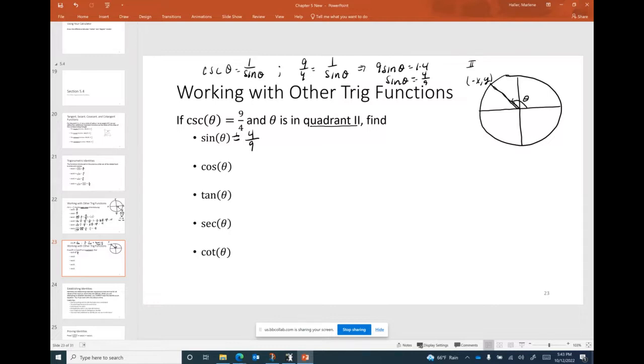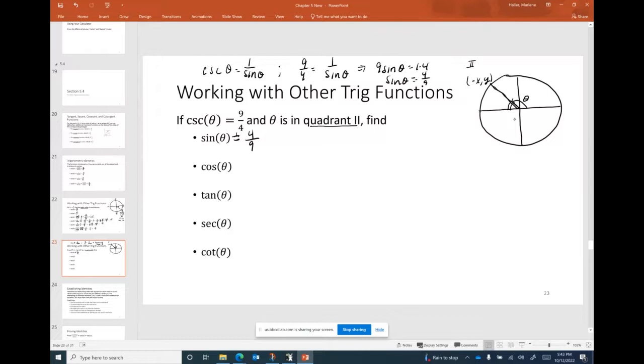How would I find the rest of these? That's a little bit of a problem, isn't it? I need to know the cosine before I can find the rest of these. Well, let's take a look at that angle and think about its reference angle for a minute. The reference angle for theta is the smallest angle formed between the terminal side of our angle and the horizontal.